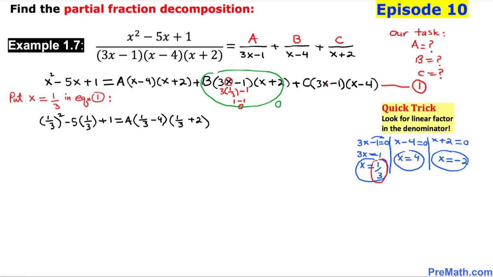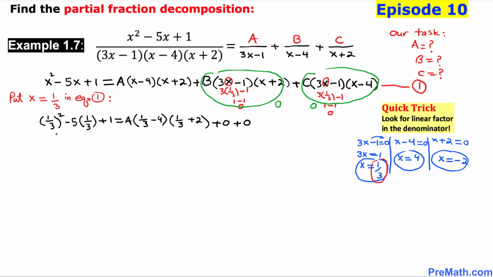Likewise, in the next term, x is being replaced by 1/3, so this becomes 3 times 1/3 minus 1, which is 0, and 0 times the whole thing is 0. So no wonder I am going to put down plus 0 plus 0 right up here. Let's simplify now.